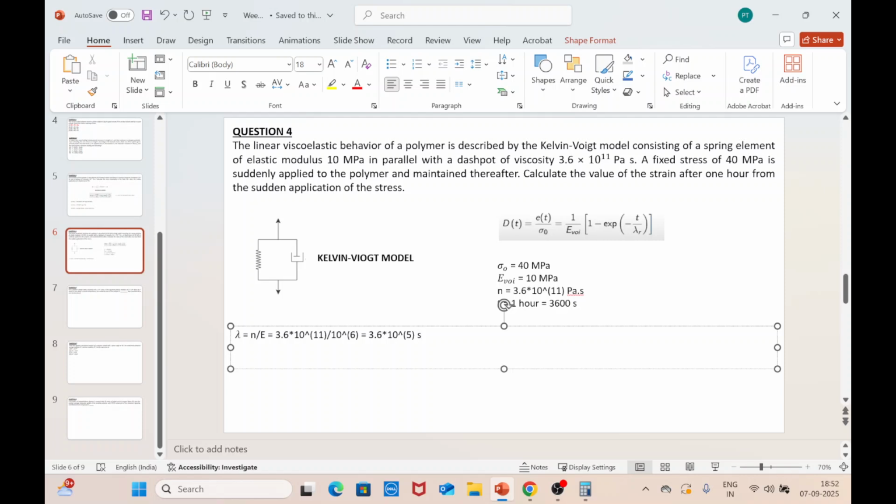So now you are just supposed to substitute. Strain as a function of time is nothing but 1 by E times 1 minus exponential of minus t, where t is 3600, divided by lambda r, 3.6 times 10 to the power 5.